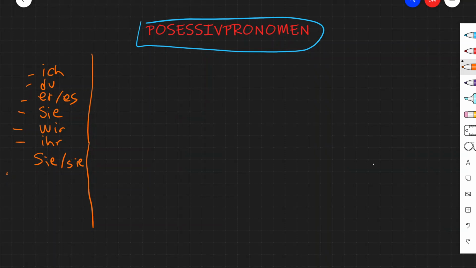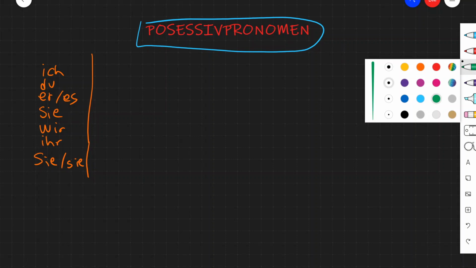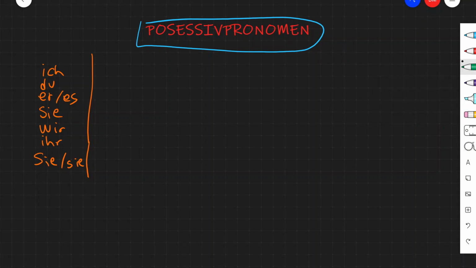Okay, let me clean this up. We got them all down now, and all that's left is to get started on the possessive pronomen. So the possessive pronouns in German are as follows. Let me pick a bright green. Okay, so ich becomes mein, which means my.